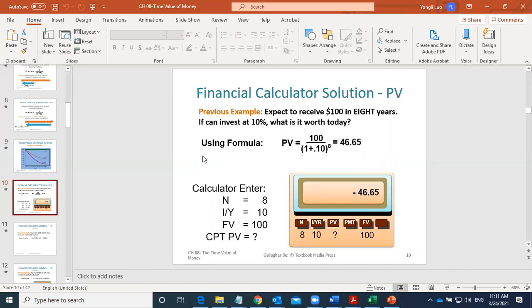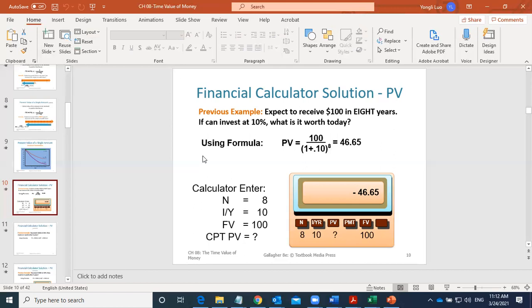So I'm going to show you how to do it in Excel. Why you still need the financial calculator: in finance, one of the exams is the CFA exam, and they do not allow you to carry your laptop or your iPhone or something, right? The only thing you can have is the financial calculator to do those calculations.